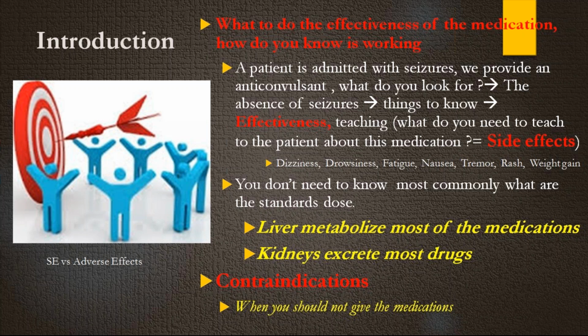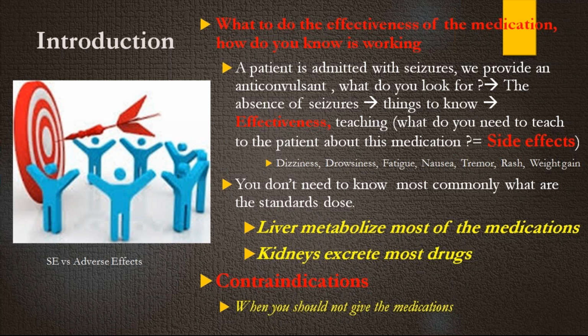With the first pass effect, part of the medication will be destroyed by the acid and only part of it will be absorbed. And the first pass effect doesn't end here. It continues when the drug reaches the liver. The liver is going to metabolize part of this drug, and only a percentage of it is going to reach the bloodstream to make effect in the target organ.